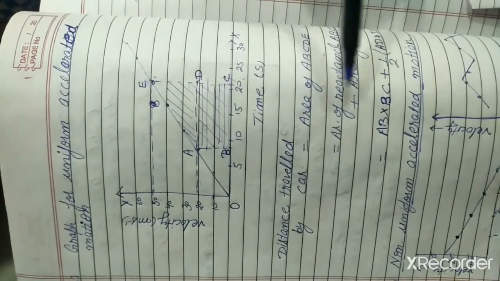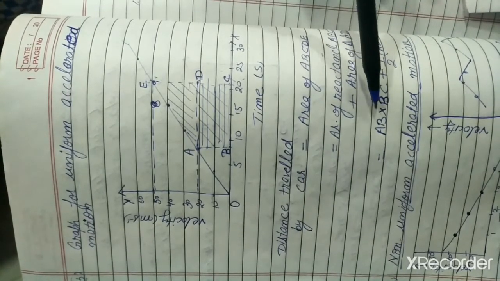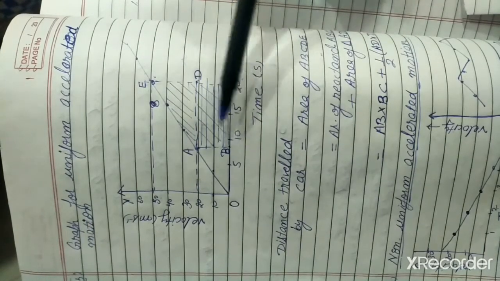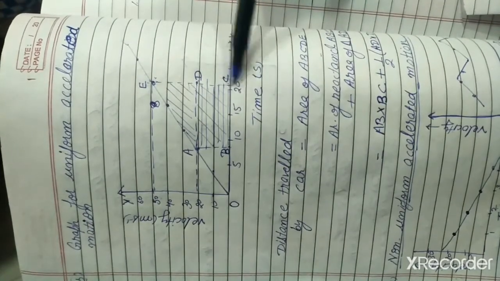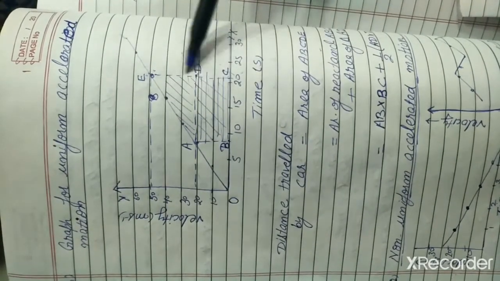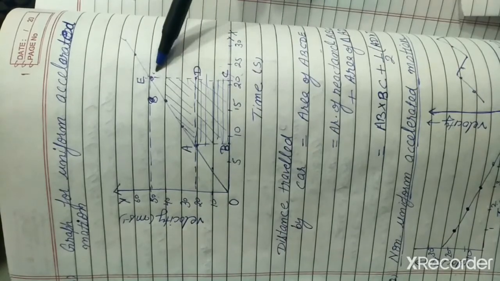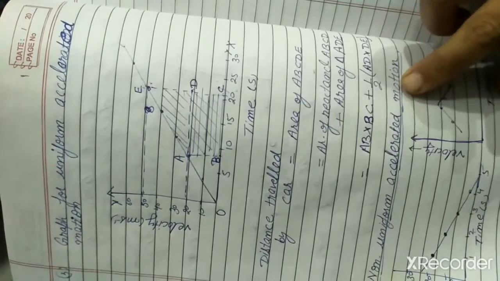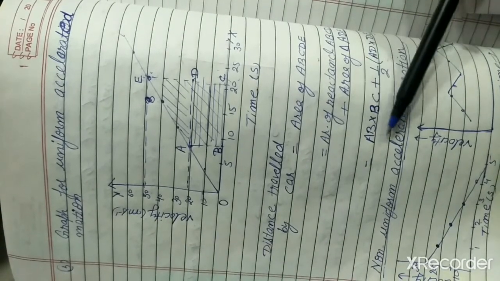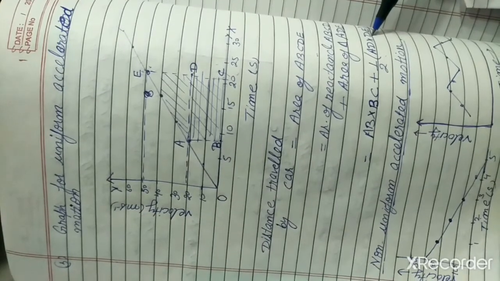Area of rectangle is length into breadth, that is AB into BC. Area of triangle is half base into height, half AD into DE. In this way we can calculate the distance traveled by a car, right?